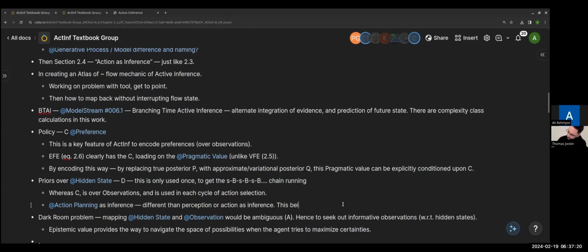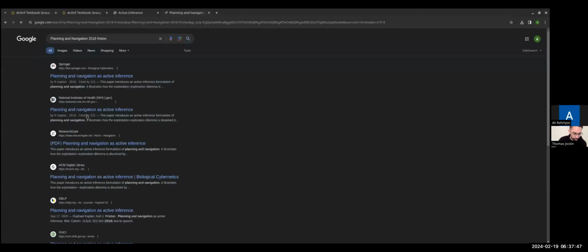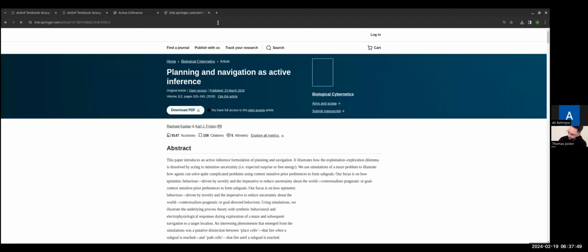The key paper on that is Kaplan and Friston's 2018 paper, something about planning and navigation as active inference. So this seemingly simple trick of using the preference value enables another form of inference, which is completely different from the previous ones as well.